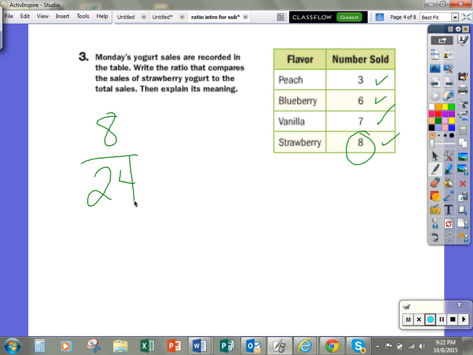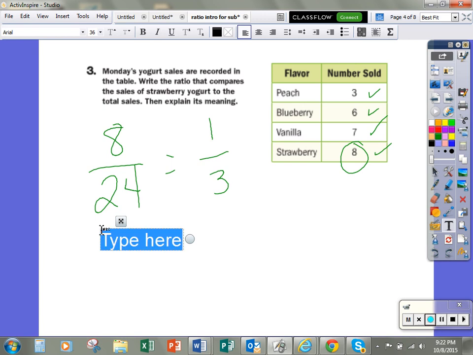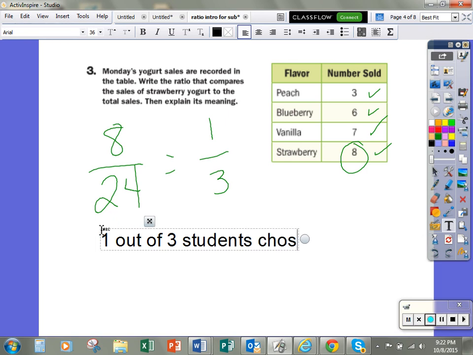So 24 total. So a 1 to 3 ratio, which means that 1 out of 3 students chose strawberry.